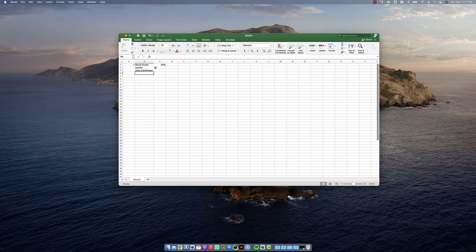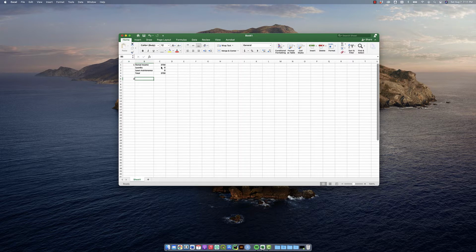So, which would be additional sources of income. In this case, we do not have any of those, so we can jump into the total of our rental income property that we do, which is $3,750 a month.